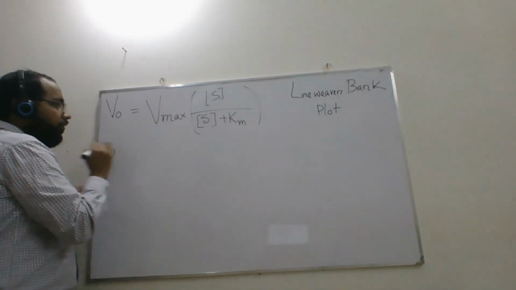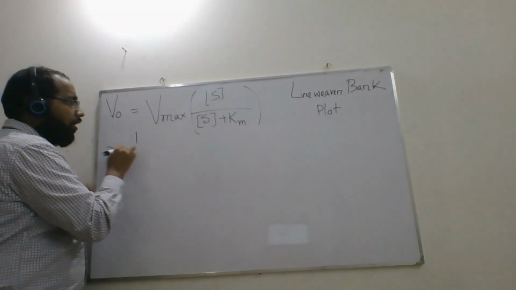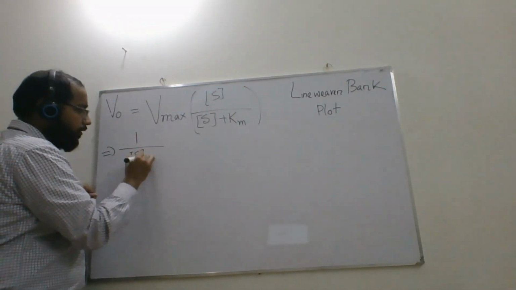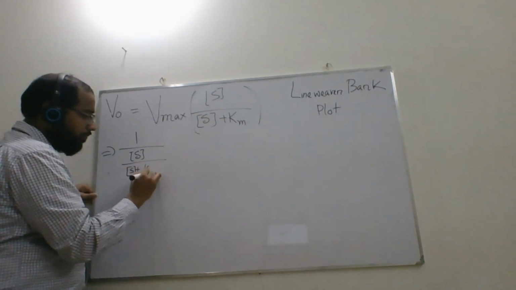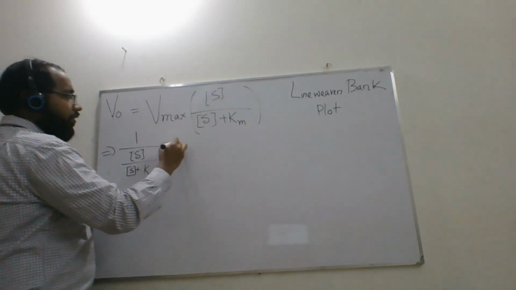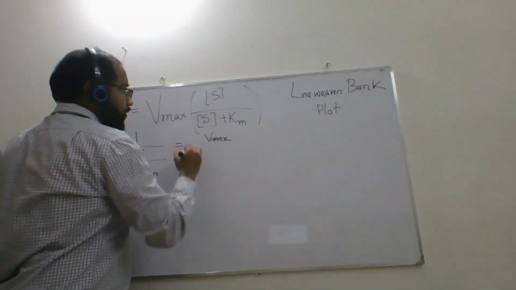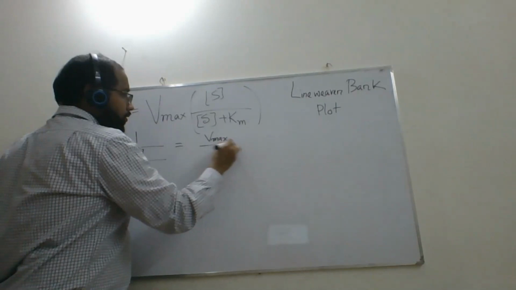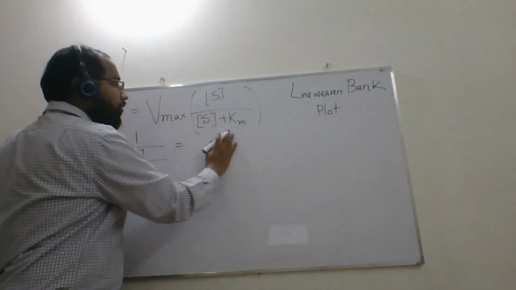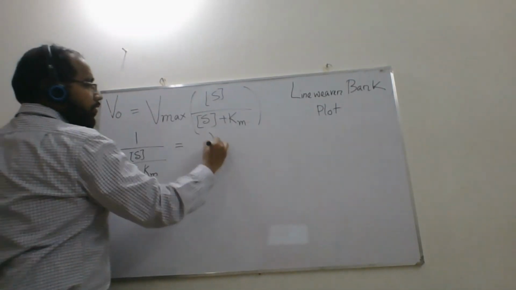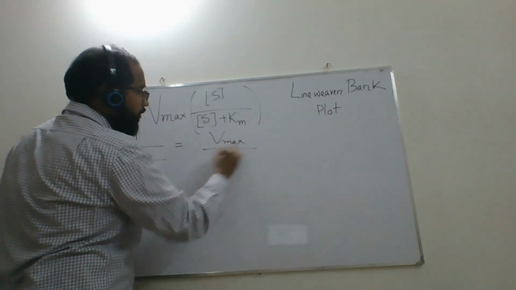Then there will be 1 by s divided by s plus km equal to vmax divided by v0.